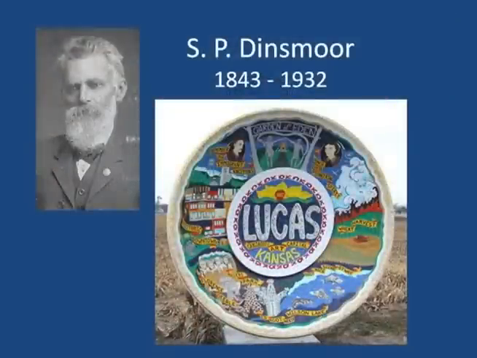The first artist we'll talk about is S.P. Dinsmoor, and his life dates are there. He was born in Ohio, but he moves to Lucas, Kansas, when he's only 45 years old, so he spends half of his life there. Prior to moving to Lucas, he was a nurse in the Civil War, then he became a school teacher in Illinois.